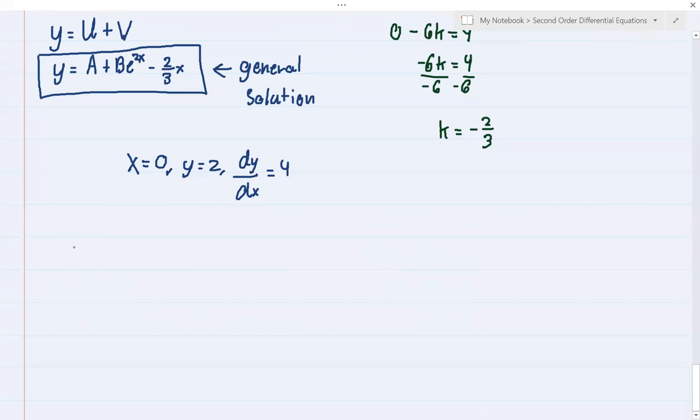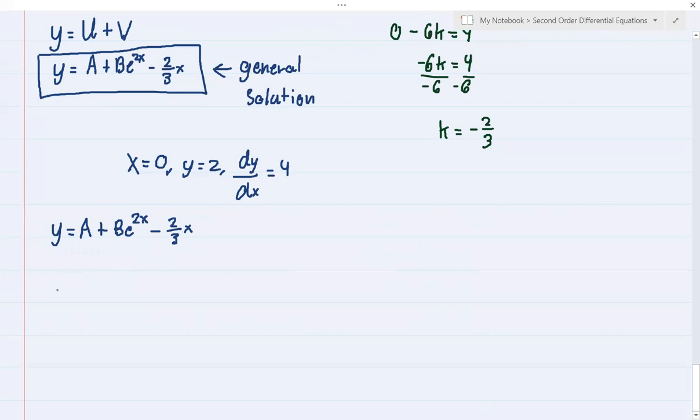So once again, copy the general solution. Y is equal to a plus b e raised to 2x, minus 2/3 times x. So let's substitute everything in this general solution.